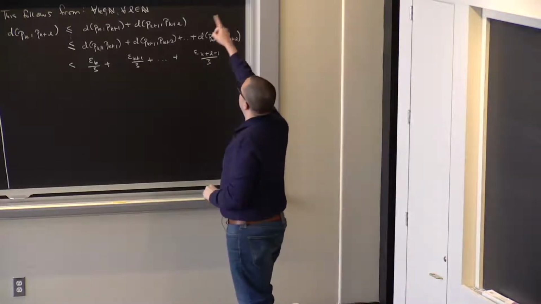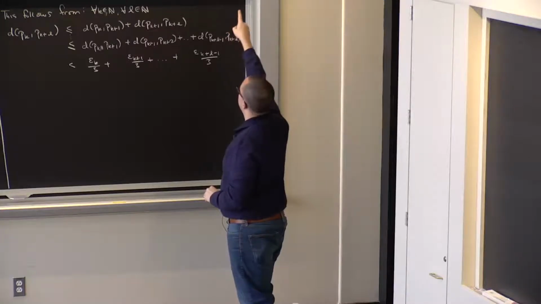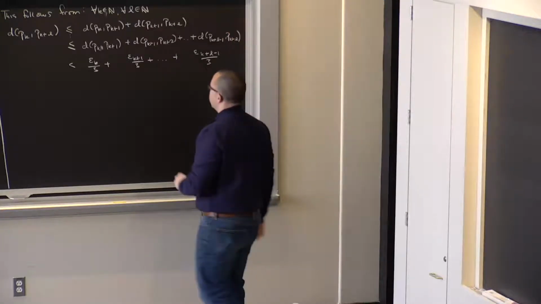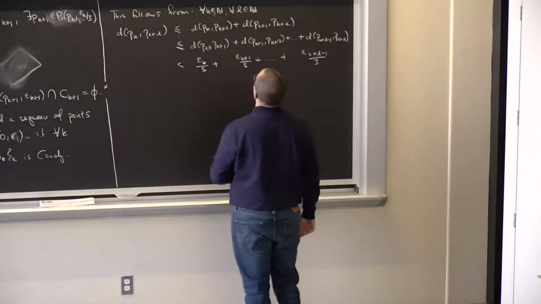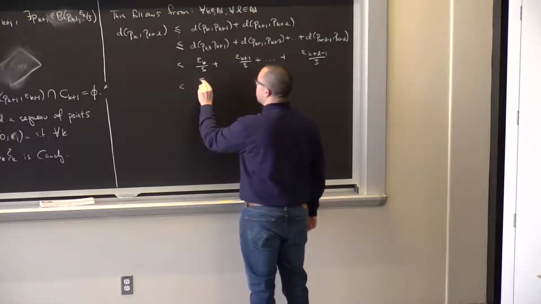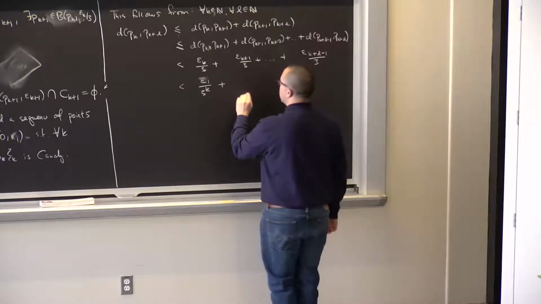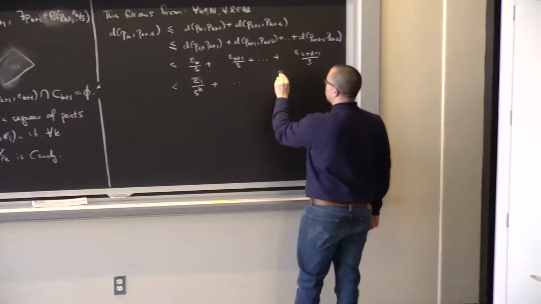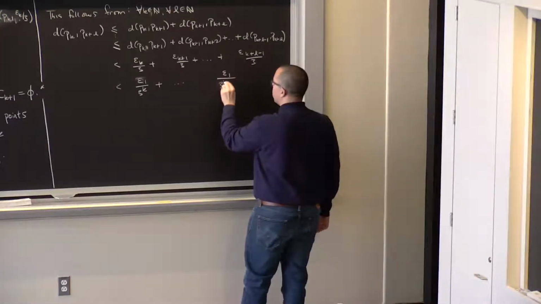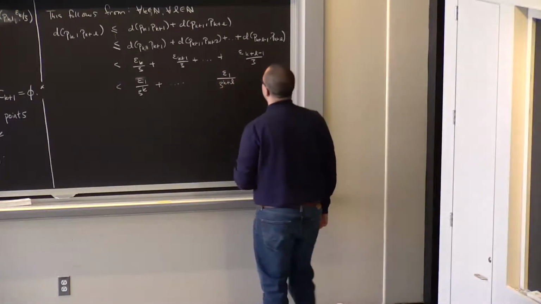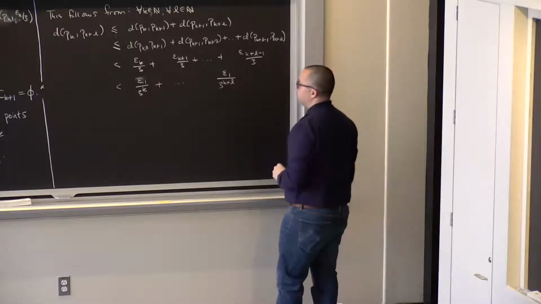And now all of those are, if you go to the first one, less than epsilon_1 over 3^{k-1}. So then this is less than epsilon_1 over 3^k plus epsilon_1 over 3^{k+1}, up to epsilon_1 over 3^{k+L}. Okay?